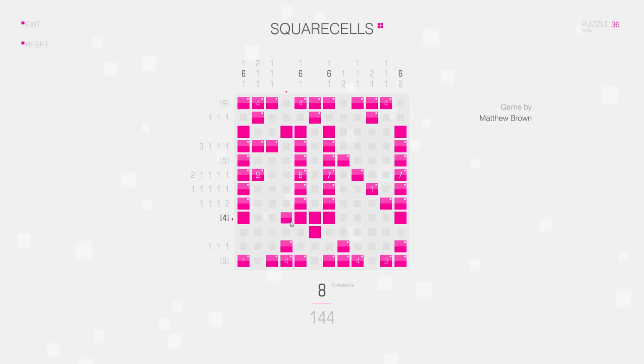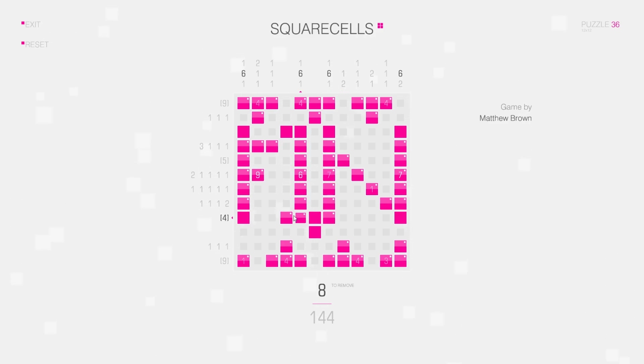Okay, that doesn't work. Can I put in 3 squares like this? No, because then I have a group of 7 connected squares already. Can I put it in like this? Again, no, because the group of 6 connected squares and 7 connected squares touch. So how about this option? No, I have 1, 2, 3, 4, 5, 6, 7, 8 squares in this group, so that also doesn't work.